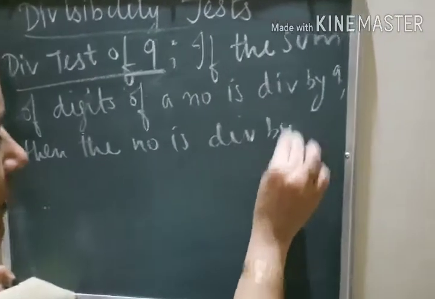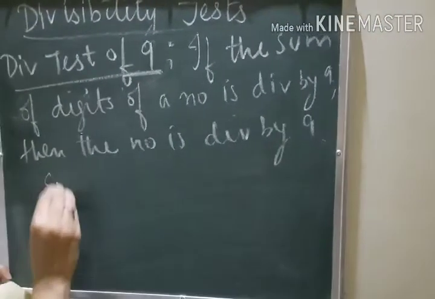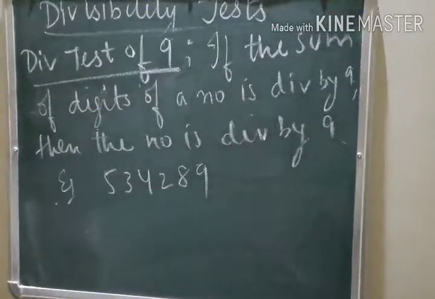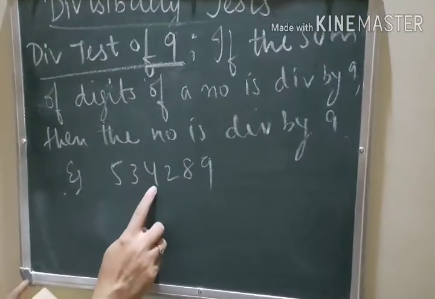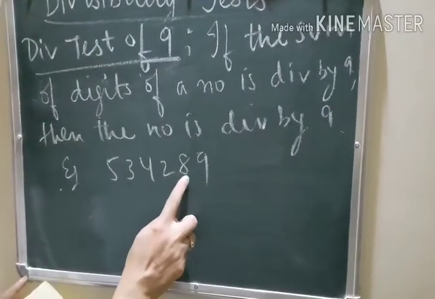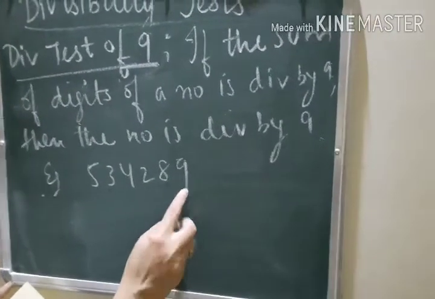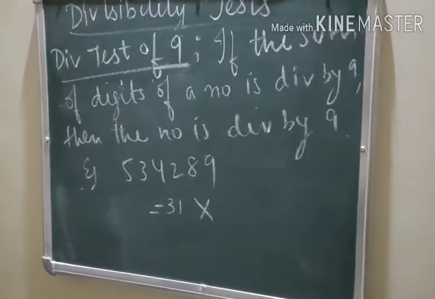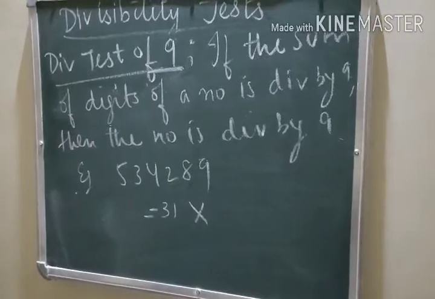Same way you have to do. Let's take the example 534289. So add them. 5 plus 3, 8. 8 plus 4, 12. 12 plus 2, 14. 14 plus 8, 22. 22 plus 9, 31. 31 is not divisible by 9. So this number will also not be divisible by 9.